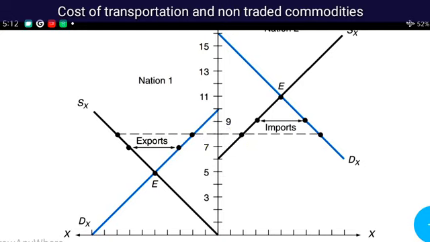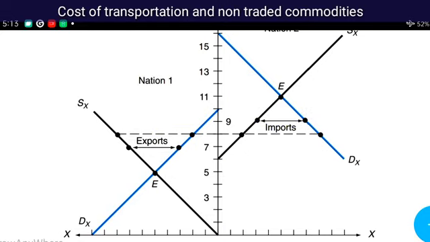After incorporating transportation cost, the export of nation 1 has decreased. Initially it was this much, now it decreased to this much, and similarly nation 2 was initially importing this much, but now they are importing only this much. That is, there is a reduction in the quantity of trade of both the countries.